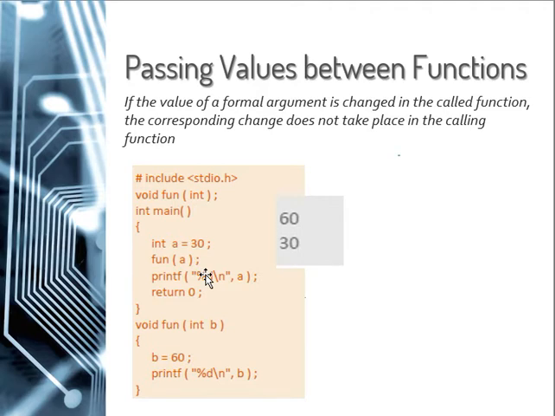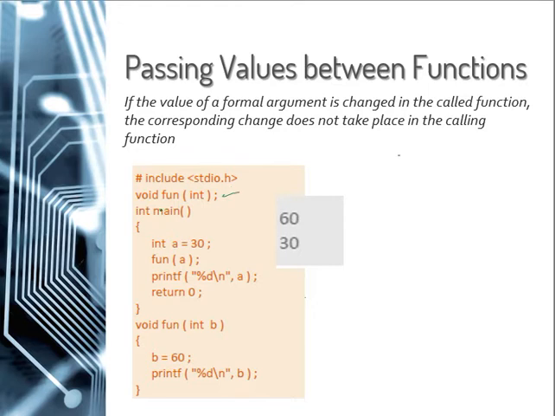Okay. So, if the value of a formal argument is changed in the called function, the corresponding change does not take place in the calling function. They are different in memory. Let's read the code one by one.